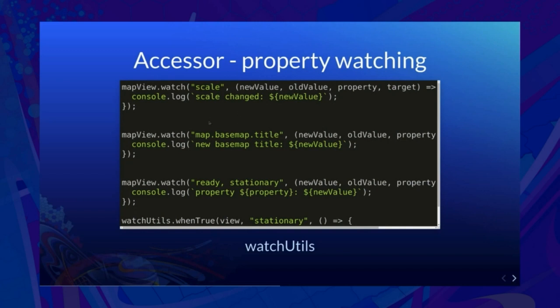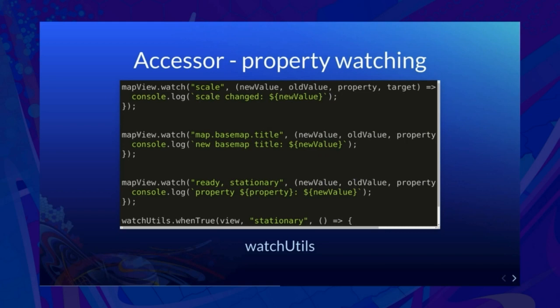Accessor also allows for property watching. So for example, on the map view, if I want to watch for every time the scale changes, I can do that. And what I'm going to get back is the new value, the old value, the property that I'm watching, which would be scale, and I'll get back the target, which is going to be the view. I can also do it for nested properties, so I can watch for the base map title to change and pass it that string from the map view.